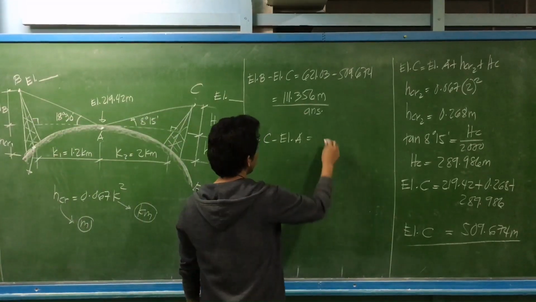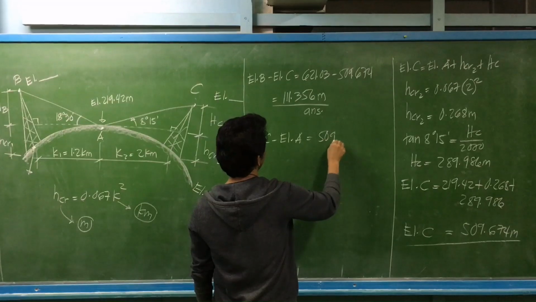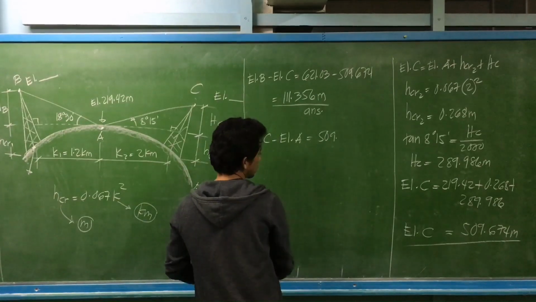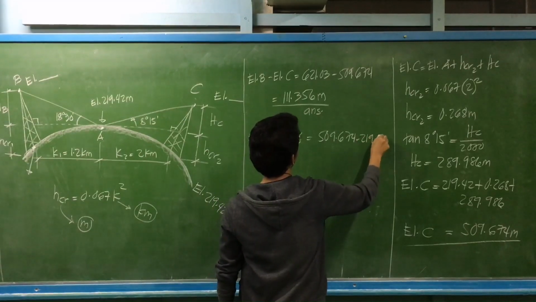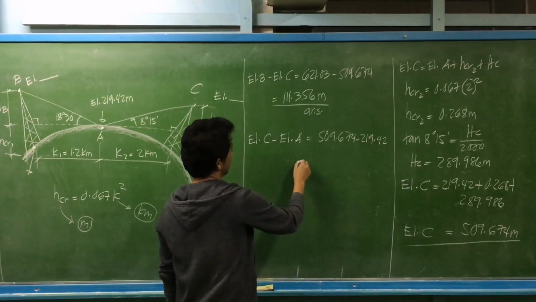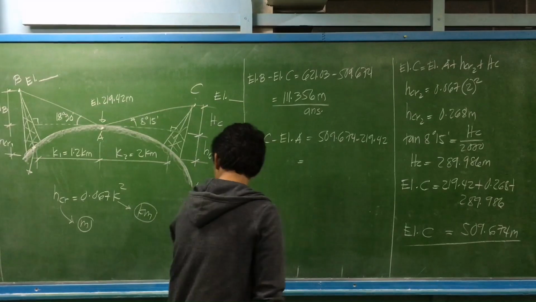That is equal to 509.674 minus 219.42. So ano naman ito? Yung difference ng elevation ng dalawa.